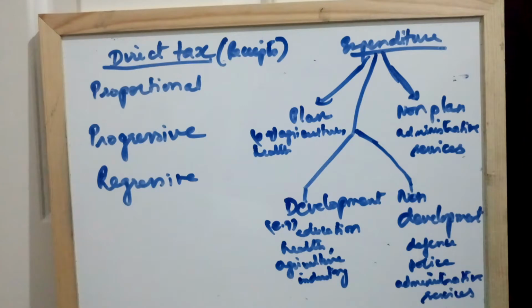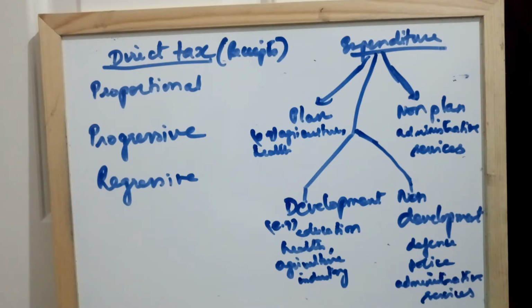Under development expenditure, the expenditure is directly related to the economic and social development of the country. So for example, expenditure on education, expenditure on agriculture, expenditure on industrial development, health services, scientific research, etc. So the development expenditure adds to the flow of goods and services in the economy.